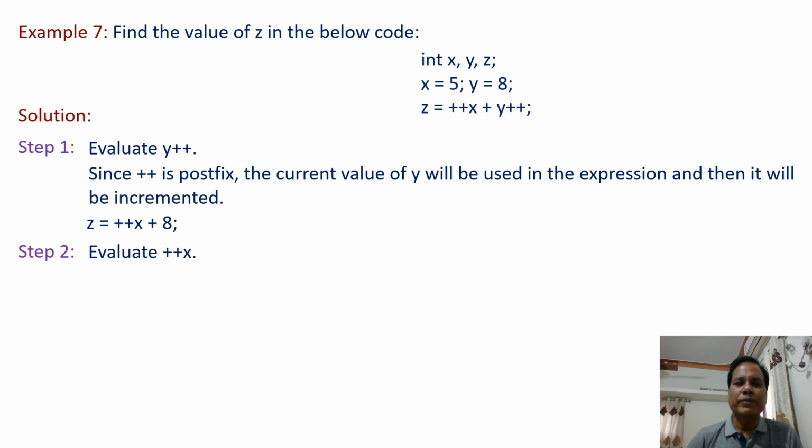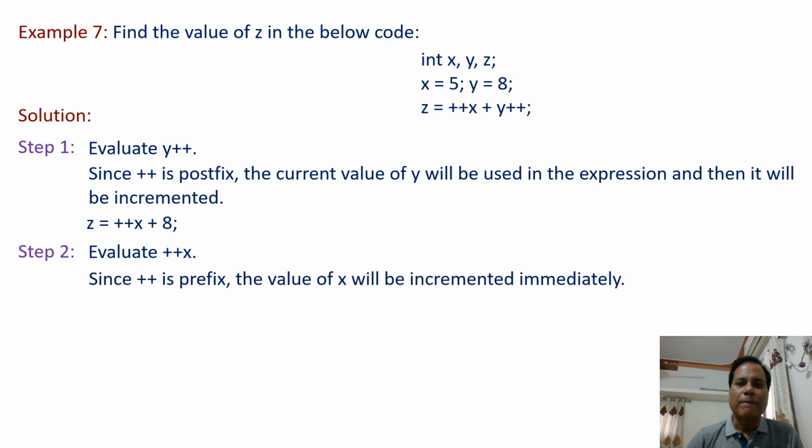Whenever a prefix increment operator is there, first we increment the value of the variable, then that variable is used in the expression. And using this, our expression becomes 6 + 8, because the initial value of x is 5.